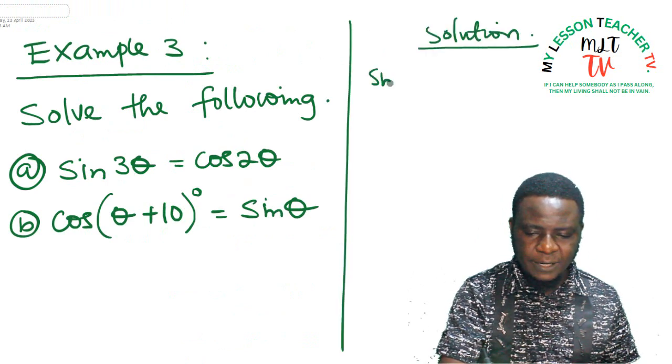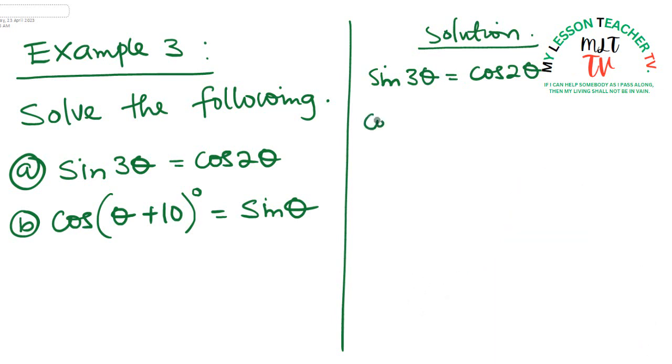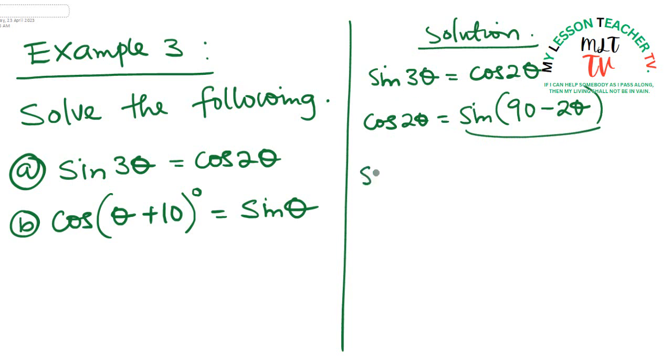So if sine 3 theta is equal to cos 2 theta, and we have said that cos 2 theta is equal to sine into bracket 90 minus 2 theta, you substitute this for cos 2 theta in this equation. This becomes sine 3 theta to be equal to sine into bracket 90 minus 2 theta.